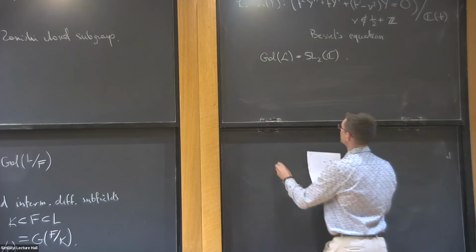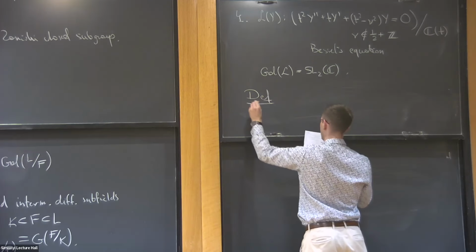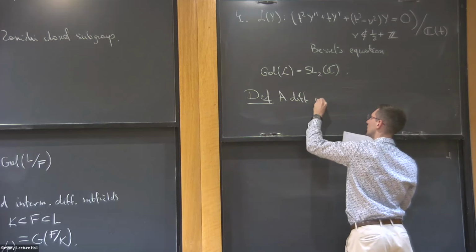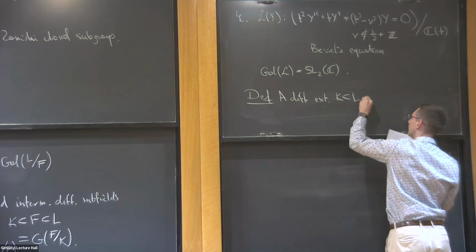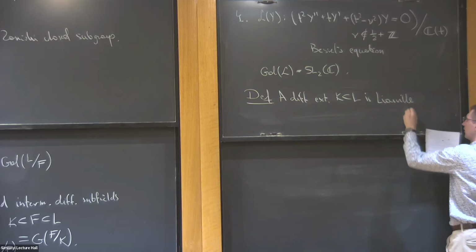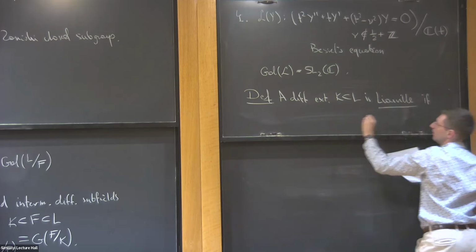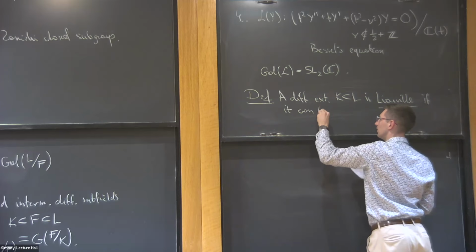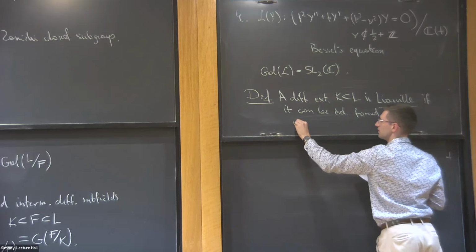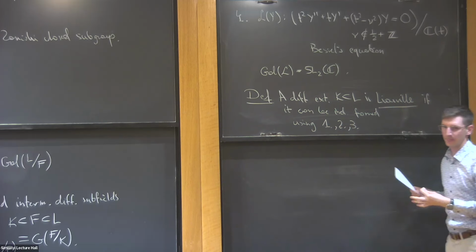Okay, and so I gave these examples because I wanted to give this definition that a differential extension A to L is Liouville. Some people say generalized Liouville if it can be inductively formed using 1, 2, 3.